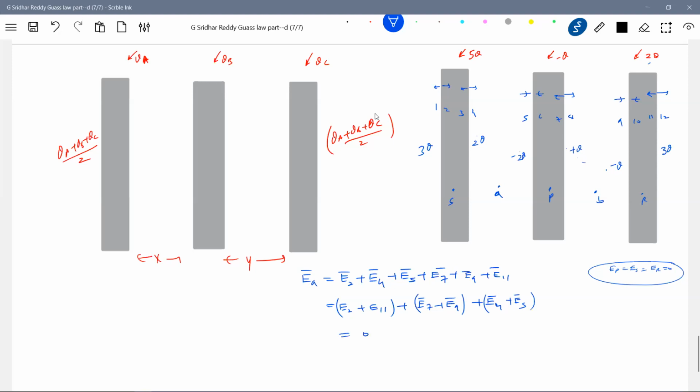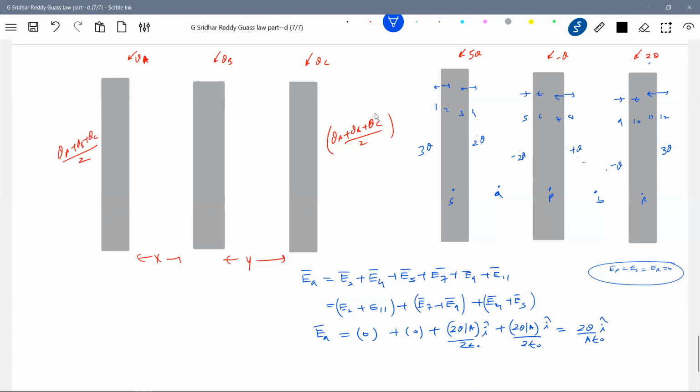So this will be 0, and this will be 0. Due to E4, it's very easy: charge density is 2Q by A, so this will be 2Q by A epsilon naught, in the I cap direction.